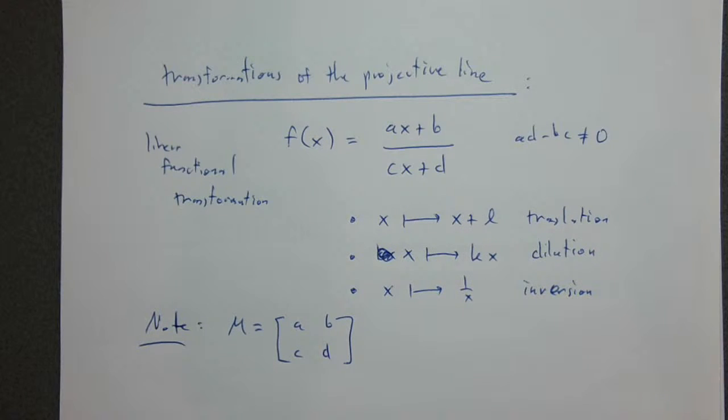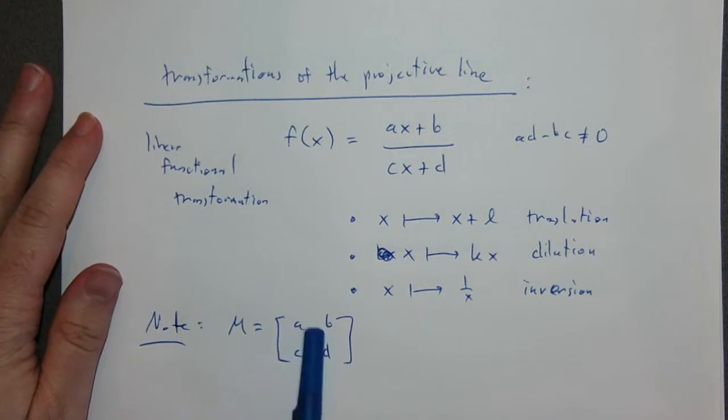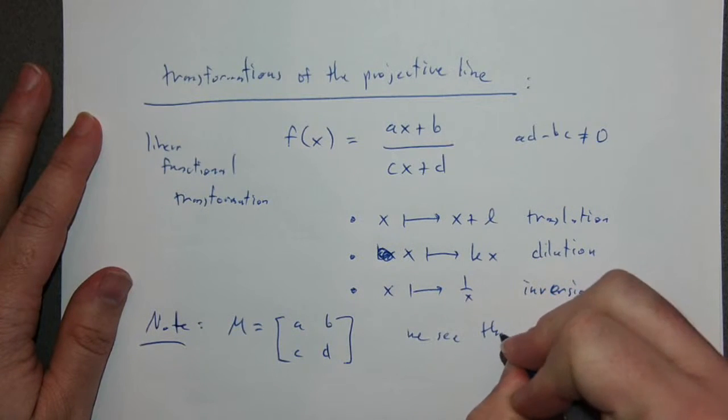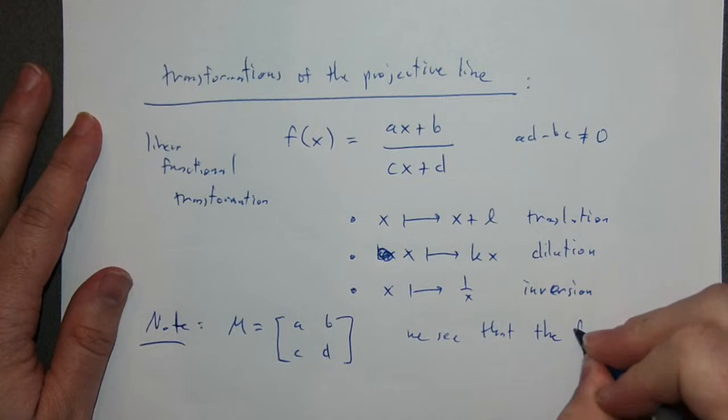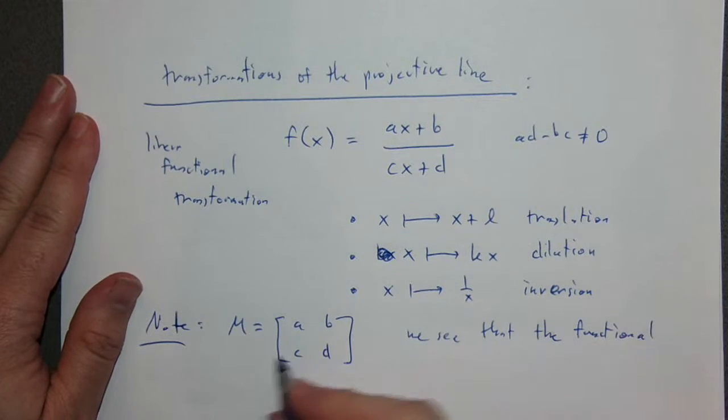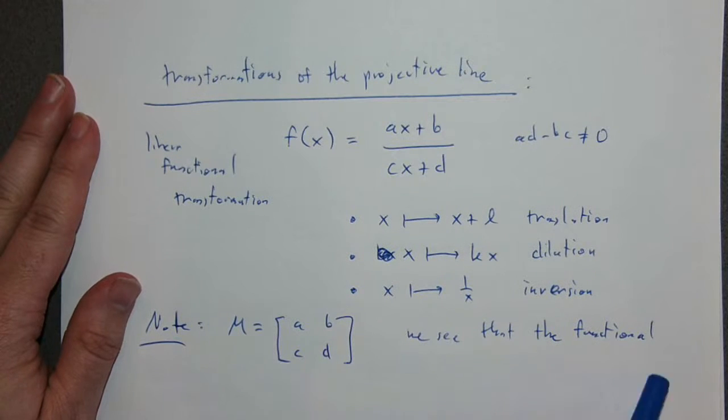And so, what do we say here? Well, to see where these come in, if I let M be the matrix ABCD, we see that the fractional linear transformations behave an awful lot like linear transformations, by multiplying by M, just matrix multiplying.